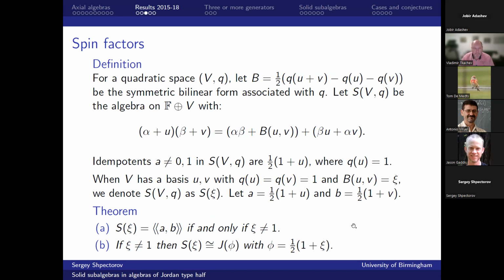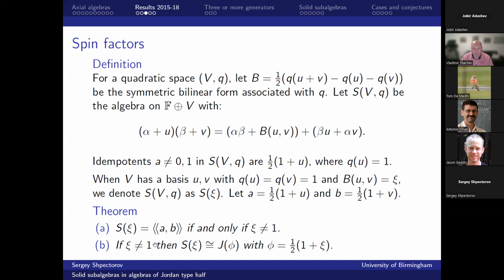Here is a theorem that tells us that if V is of dimension 2 with a basis a, b, so that Q of a is 1 and Q of b is 1, and B of a, b is xi, so xi is a parameter, then this algebra is typically generated by those two idempotents a and b, with one exception when xi is 1.